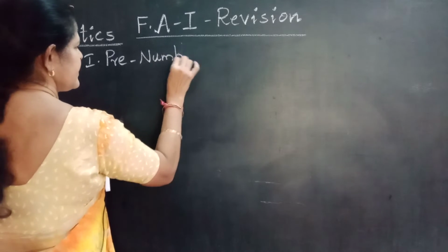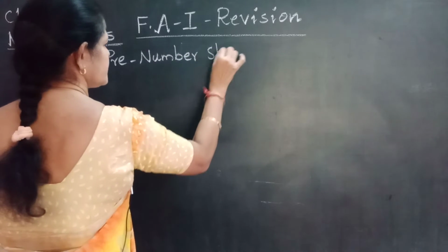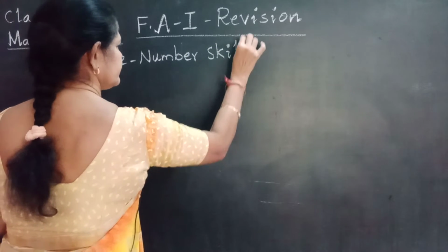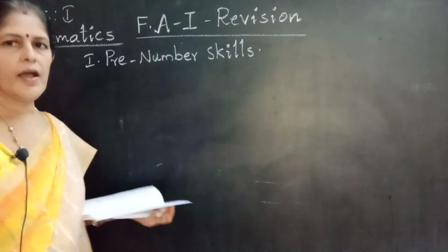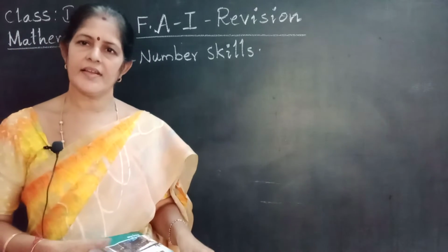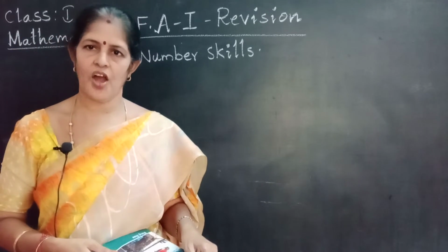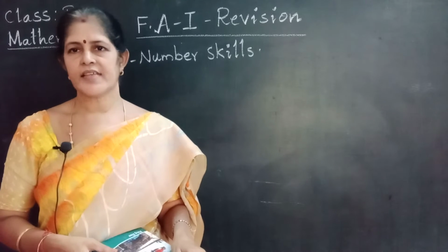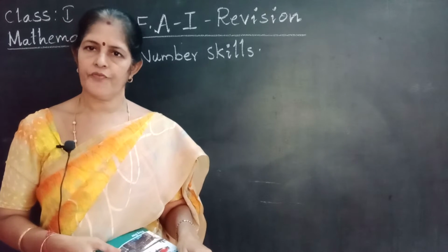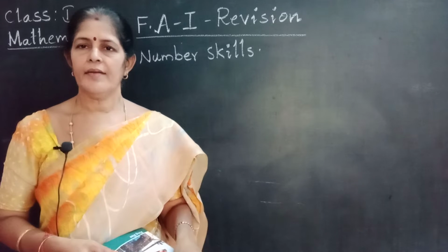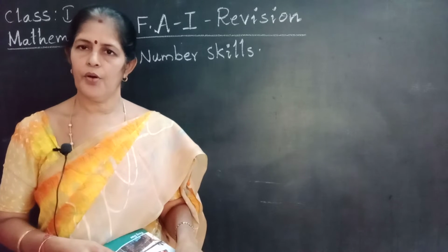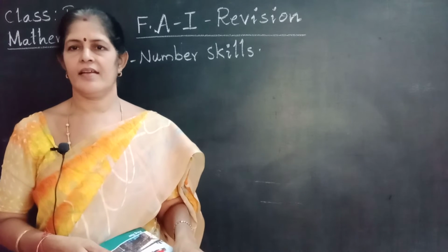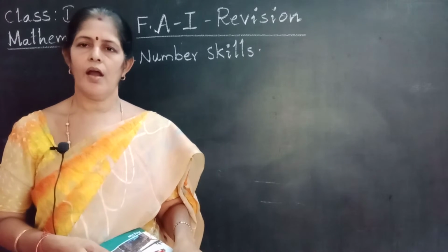Pre-number skills. That is going to more and less, big and small, long and short, tall and short, inside, outside, before, after, between, and above, below, on, under.